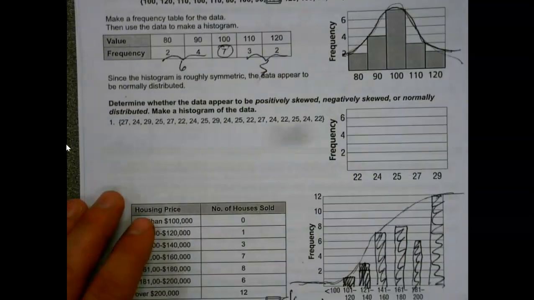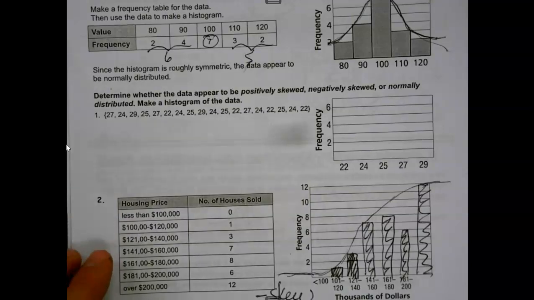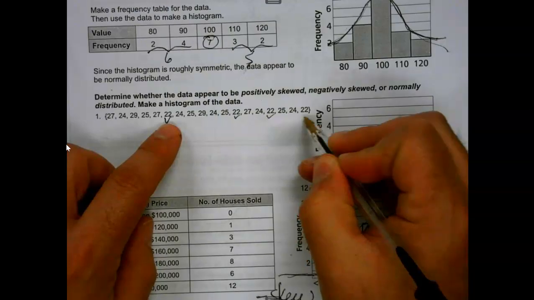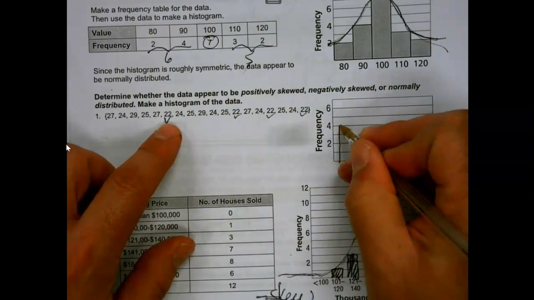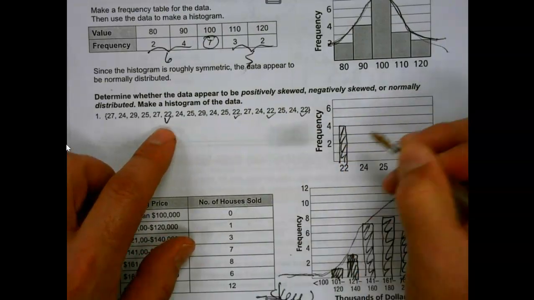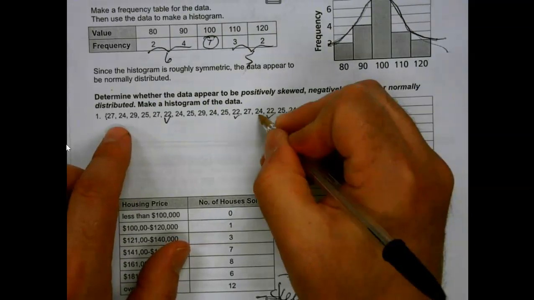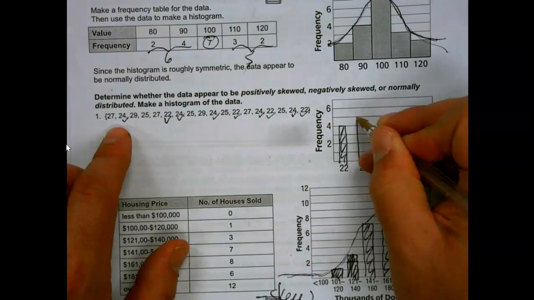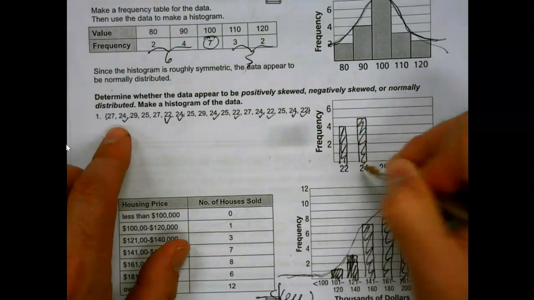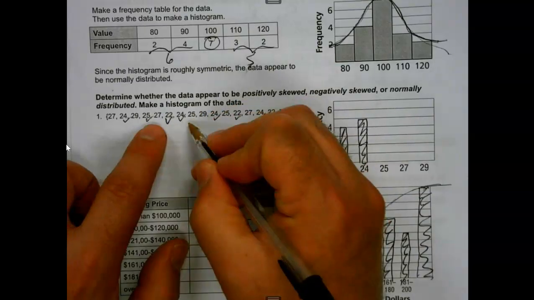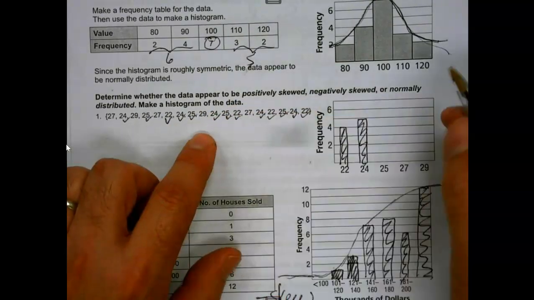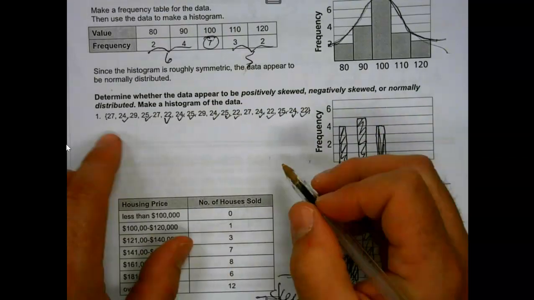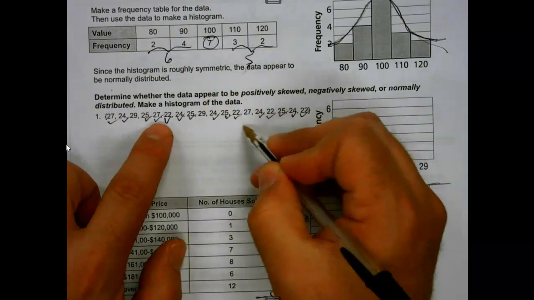Now, let's actually do one here. So let's go through and find all our 22s. So 1, 2, 3, 4 of those. 24, we got 1, 2, 3, 4, 5. 25, we got 1, 2, 3, 4. 27, 1, 2, 3.